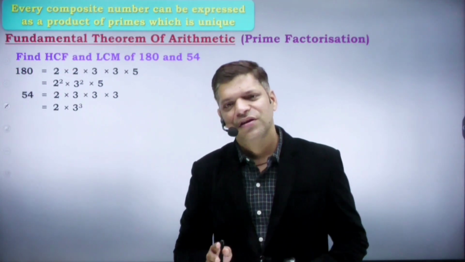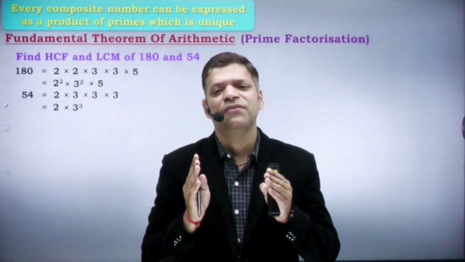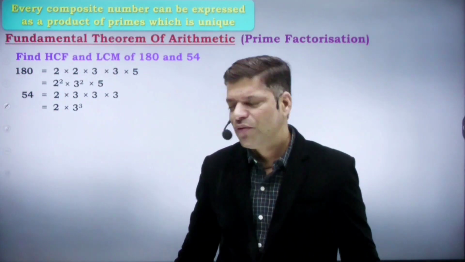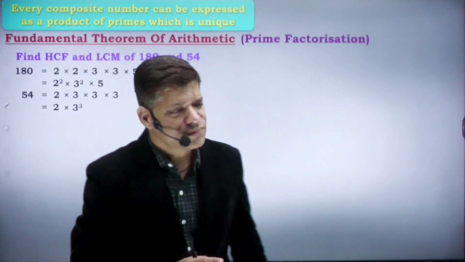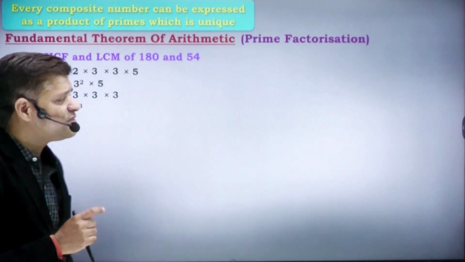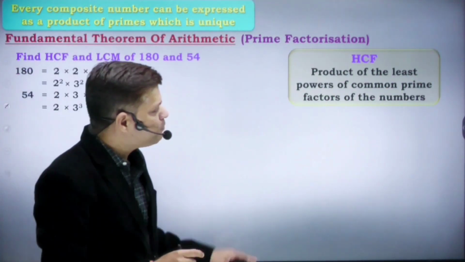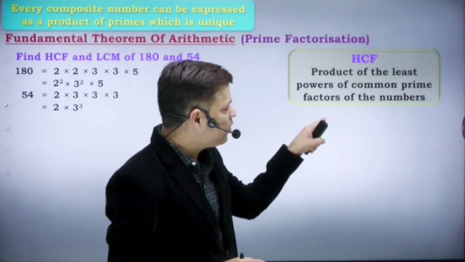So to find the HCF and LCM of 180 and 54, first we find their prime factorizations with their respective exponents. Now we have to find the HCF. What is HCF? HCF is the product of the least power of the common prime factors of the numbers.